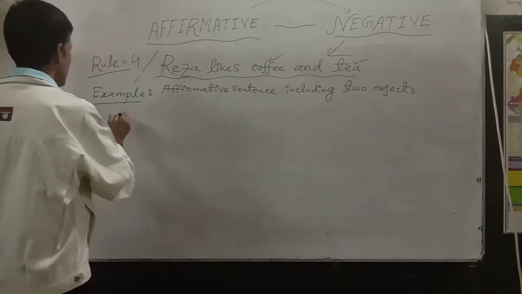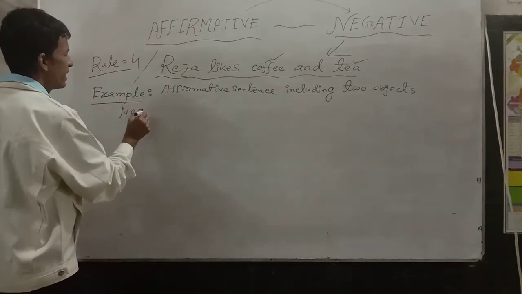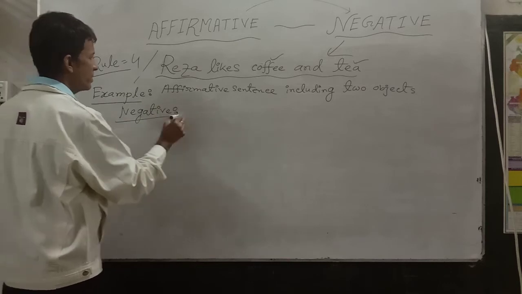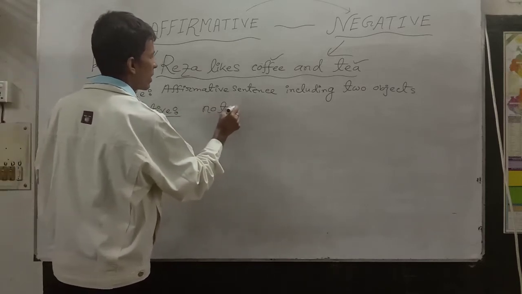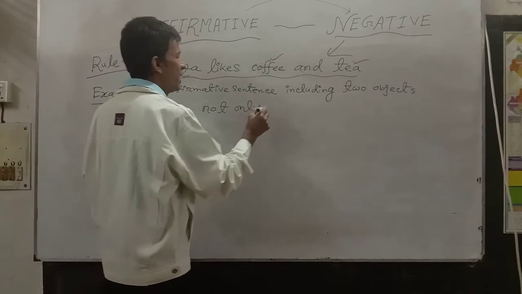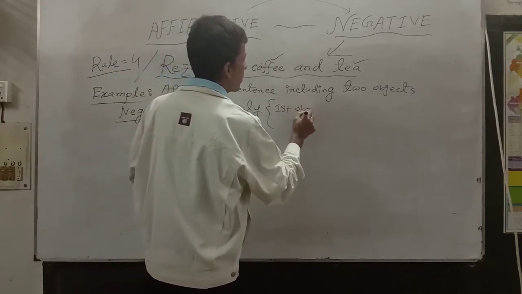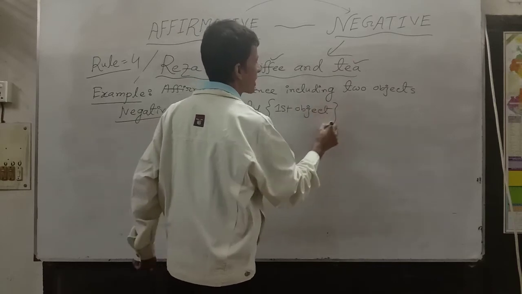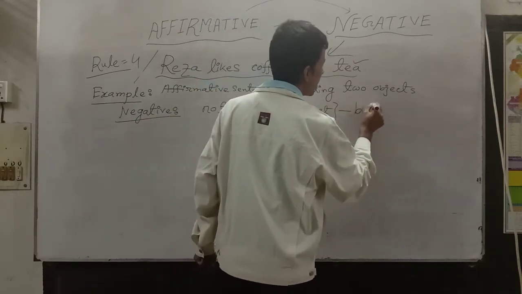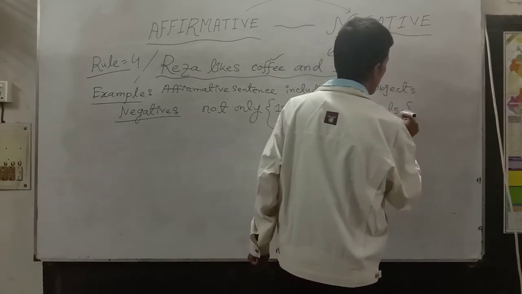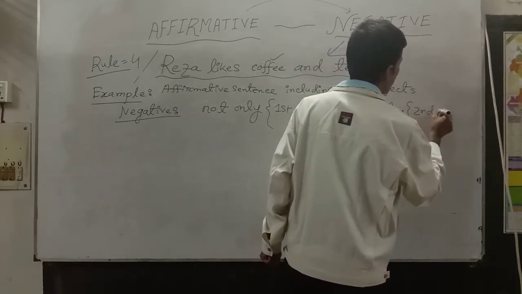Now, the negative sentence will definitely possess not only but also: not only the first object, but also the second object.